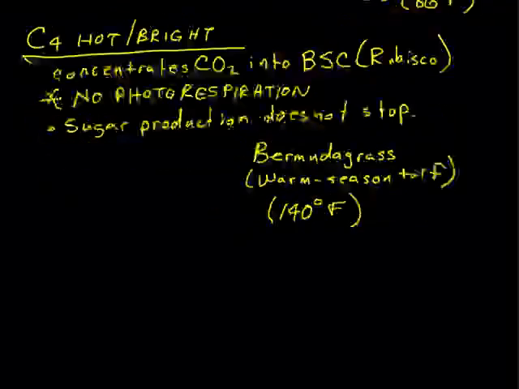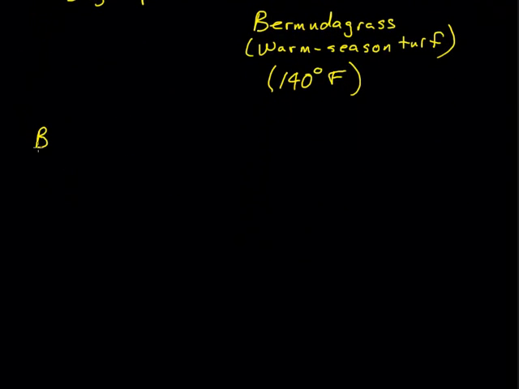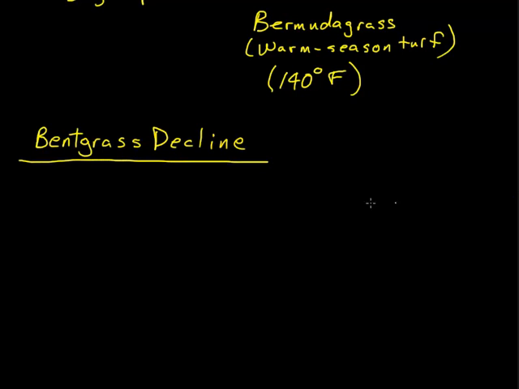Lastly, in this handout, I talk about bent grass decline, or creeping bent grass decline. And I want to spend just a minute or two expanding on what I've already said about bent grass. Once again, bent grass starts photorespiring at around 86 degrees Fahrenheit or so, which is a pretty mild day in our weather.